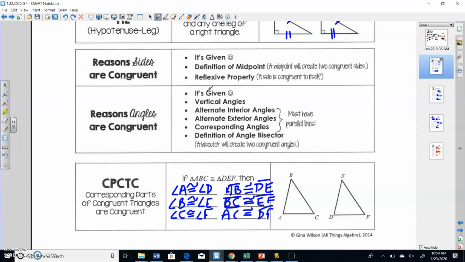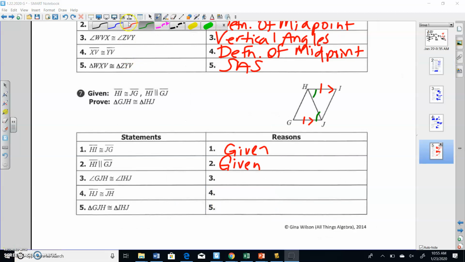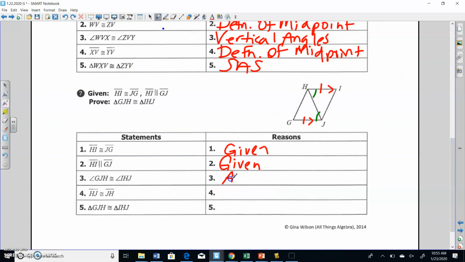Those angles are congruent? Nope. Are they vertical angles? Nope. Do we have parallel lines? So did this fit one of those? Everybody okay with that? How do we know alternate interior? So we have that line parallel to that line cut by that transversal. And see how those are alternate interior.